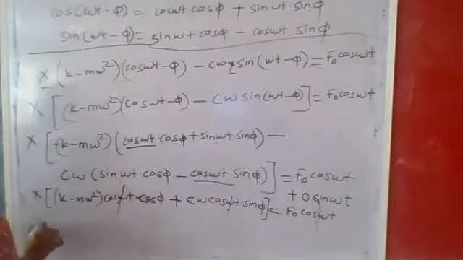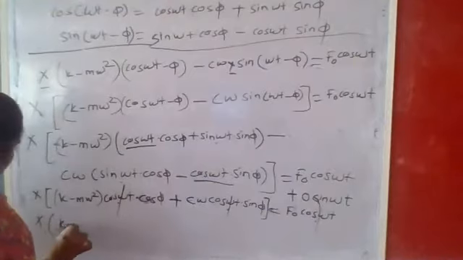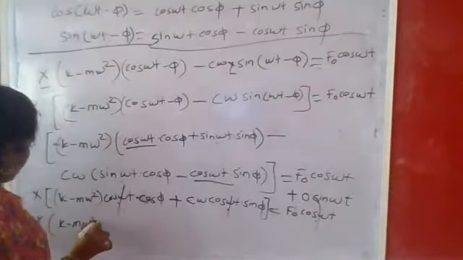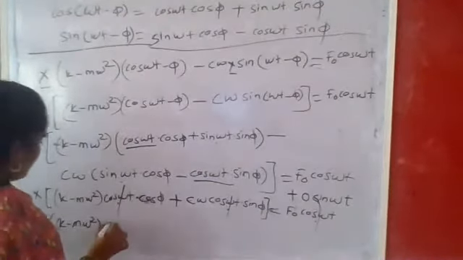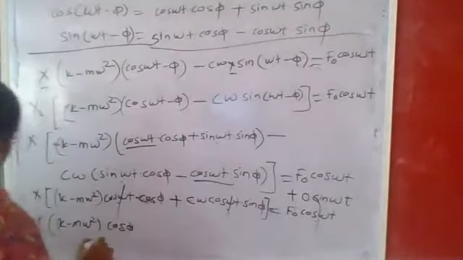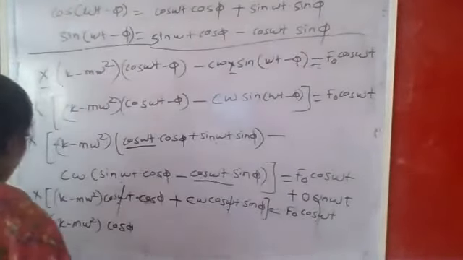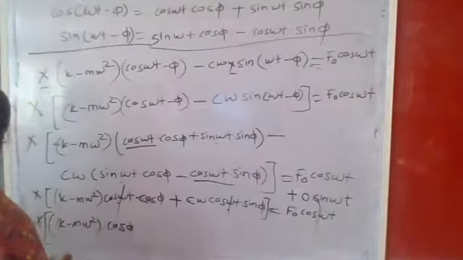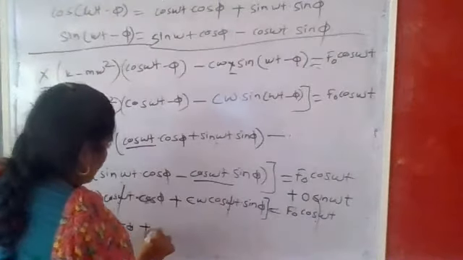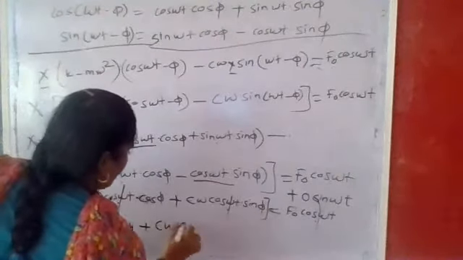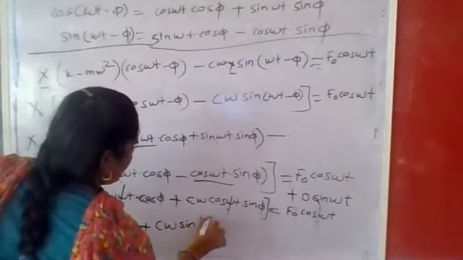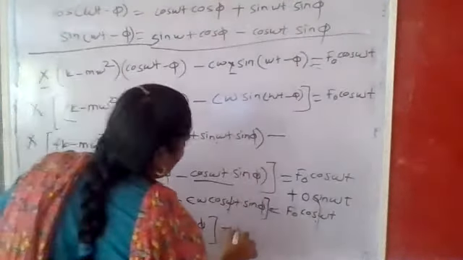The remaining factor is x into bracket k minus m omega square, small bracket, into cos phi, plus c omega into sin phi, bracket complete, is equal to f naught.